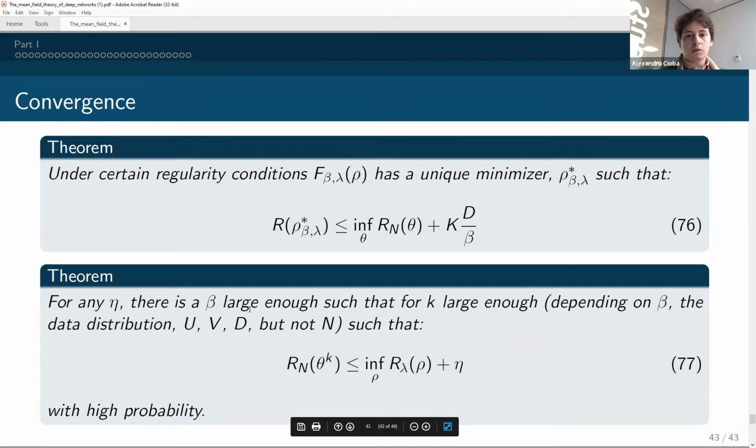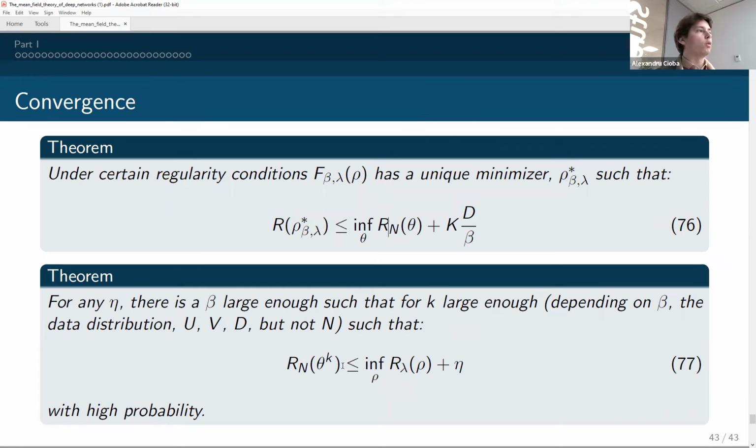Okay. So this is to say that, by and large, with obviously all of these error terms taken into account, the risk of the finite neural network approaches sort of the theoretical lower bound for the risk of the distributional dynamics.